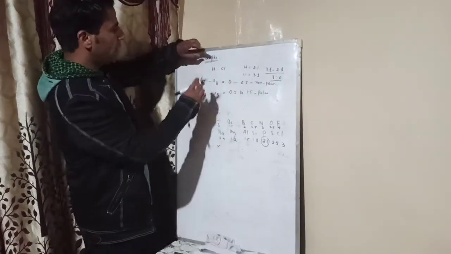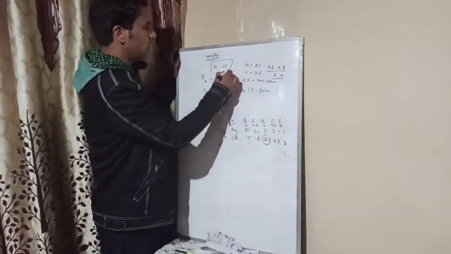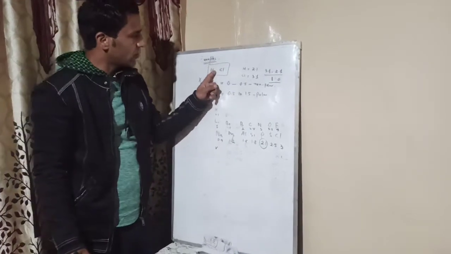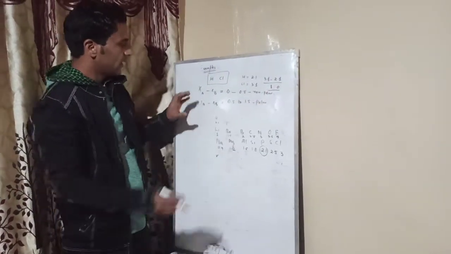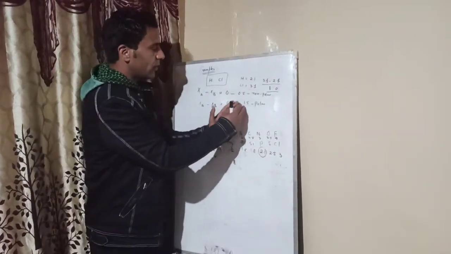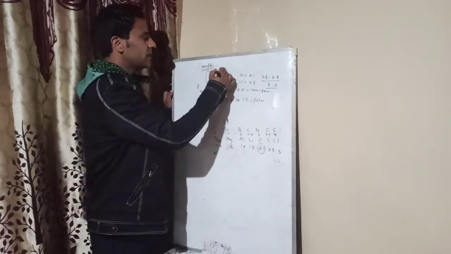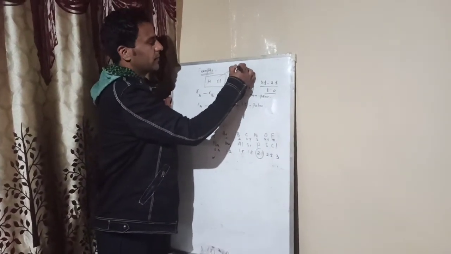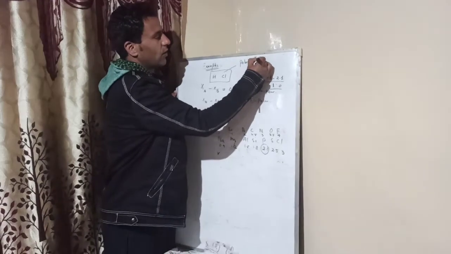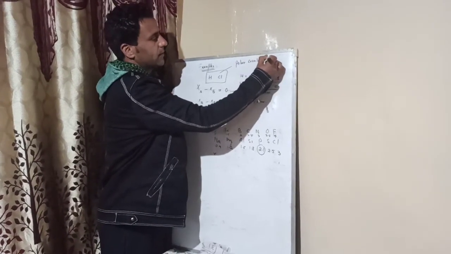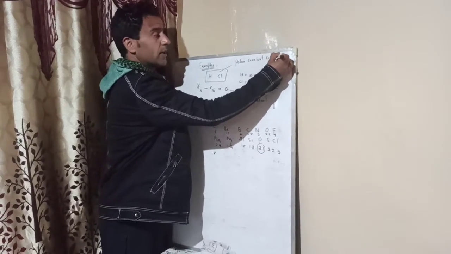Now in case of HCl, hydrogen chloride, the electronegativity difference is 1, which means it lies between 0.5 to 1.5. This is always a polar covalent compound. This is very important.